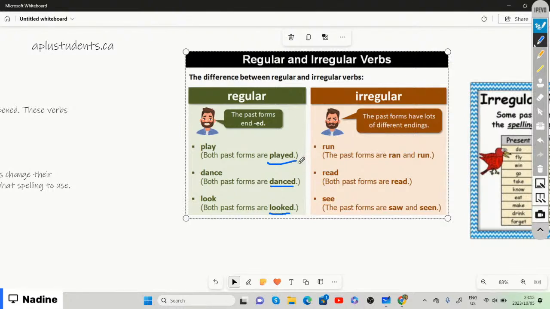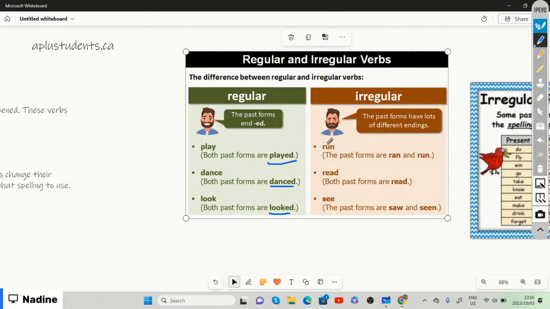But now with irregular past tense, remember we said that it's as if the spelling of the word changed. So with irregular past tense, the past forms have lots of different endings. Remember, you are just going to have to know which one it is. For example, we have run, our verb in the present tense.